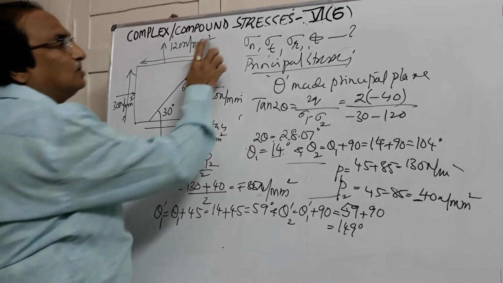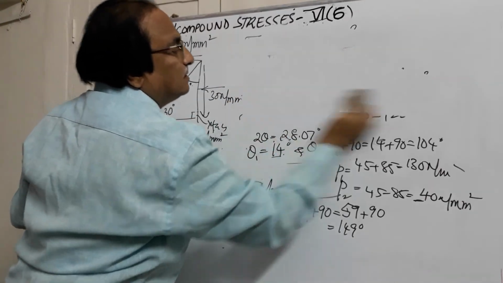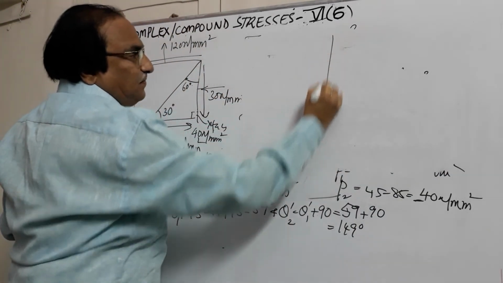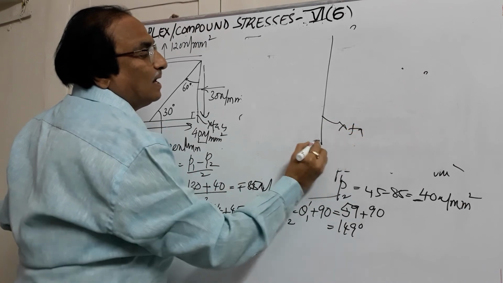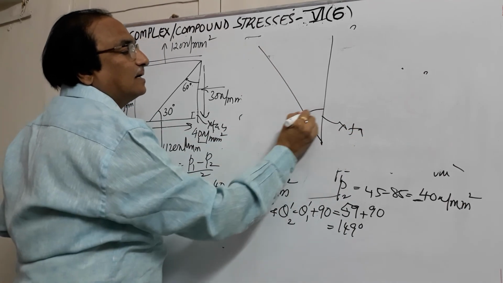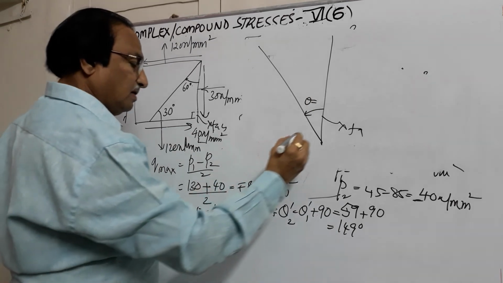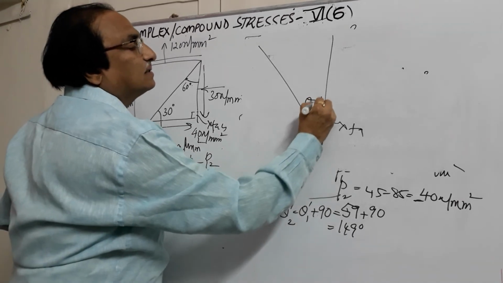If you want to show the principal planes and the principal stresses, you can draw a diagram here. Suppose this is the x face. Now draw a line making an angle theta, and theta here is equal to 14 degrees.